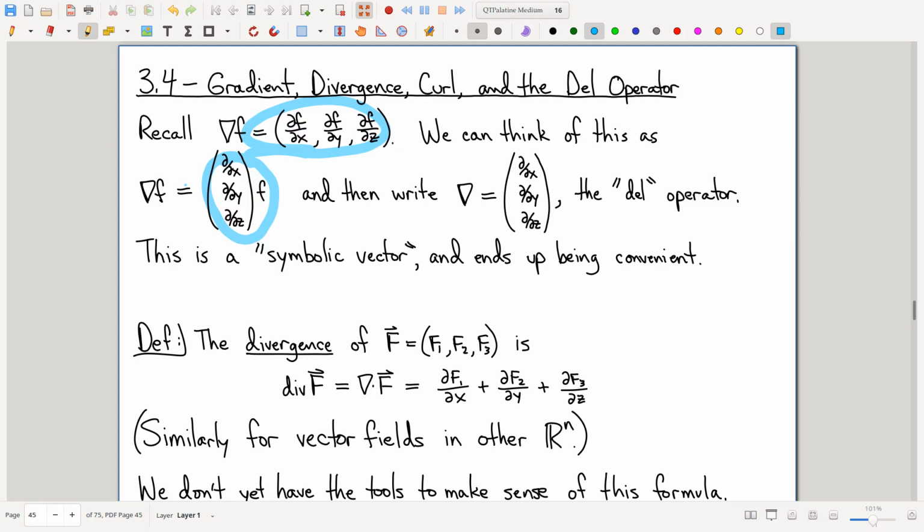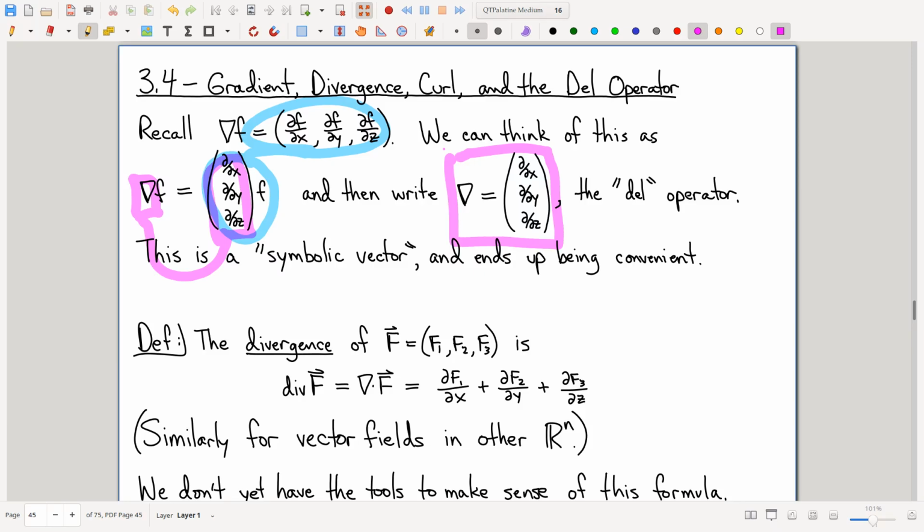And notice that when you do that, if you look just at the operator part, just that, just the d by dx, d by dy, d by dz, this thing that I have in purple is not a gradient. Gradient is what you get when you do that to a function, in this way specifically.